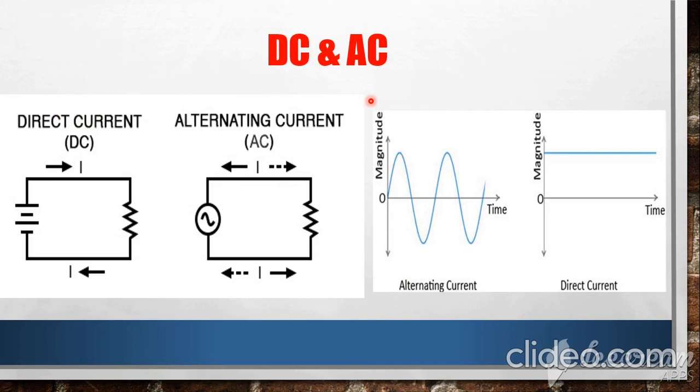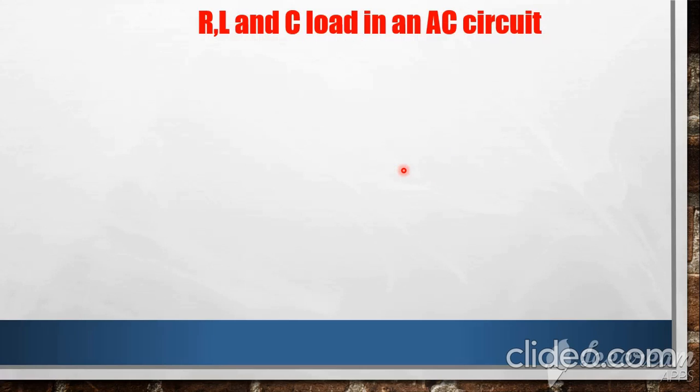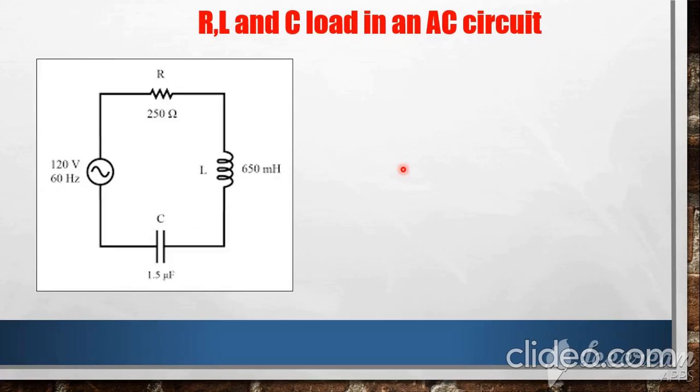In the second module you will also study the difference between DC and AC. You know that DC is direct current, AC is alternating current. So the difference between DC and AC and how AC is generated will be learned in this second module.